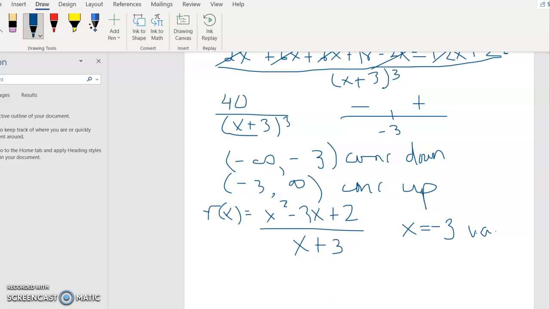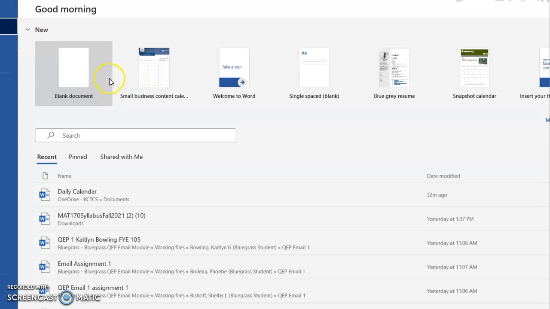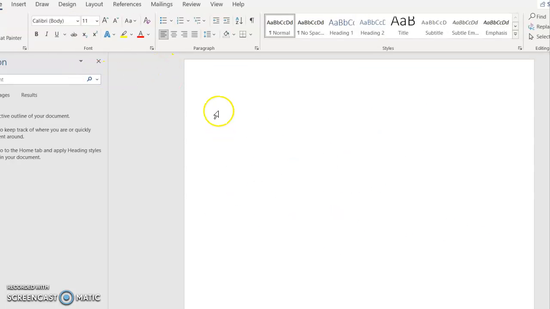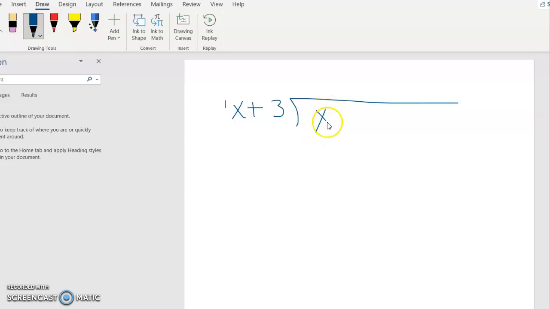And let me use another sheet because this is not going to allow me to go much further on the bottom. So we're going to take our original denominator, x plus 3. We're going to divide it into our numerator, x squared minus 3x plus 2.